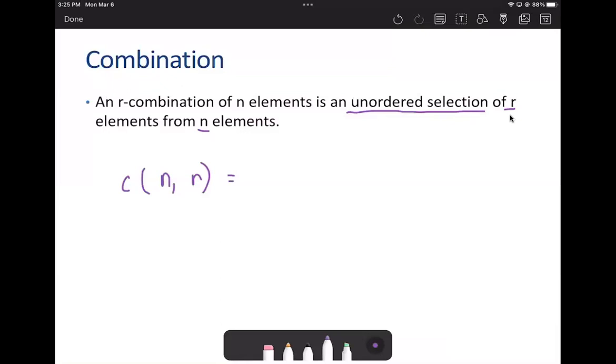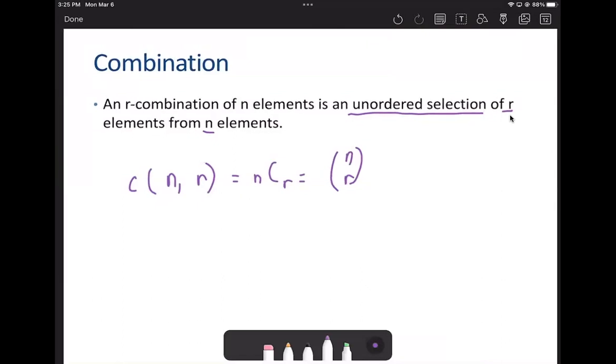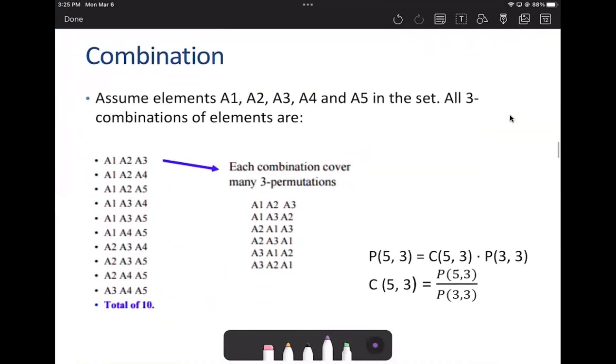It could also be n taken R, or in some textbooks, n taken R. So do not be surprised if you see some of these other notations. Okay, so let's move on.